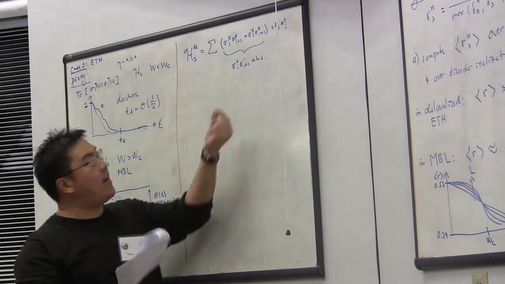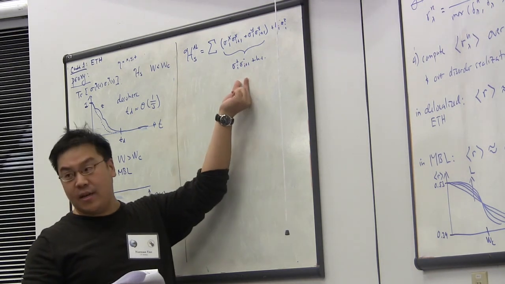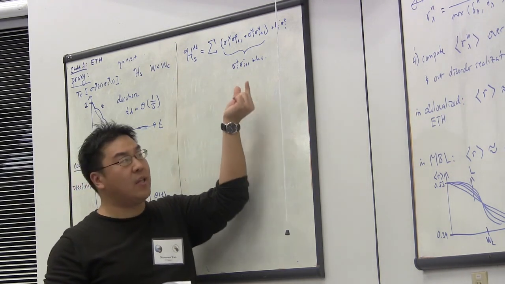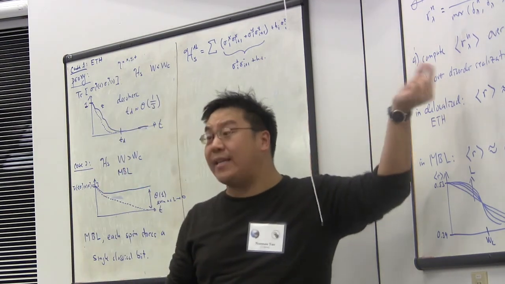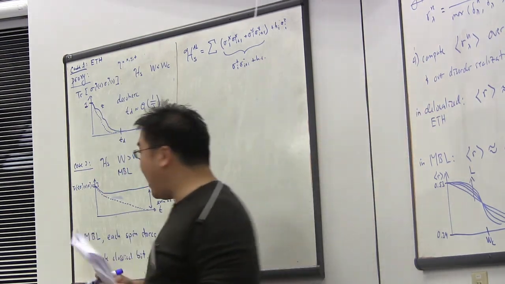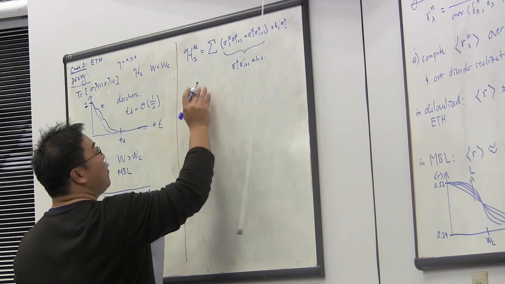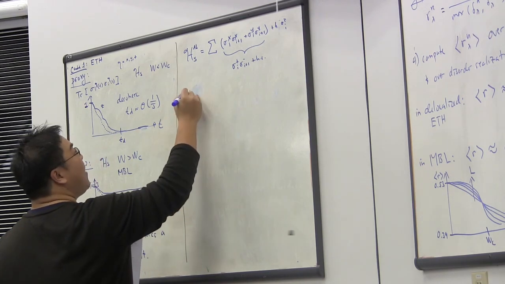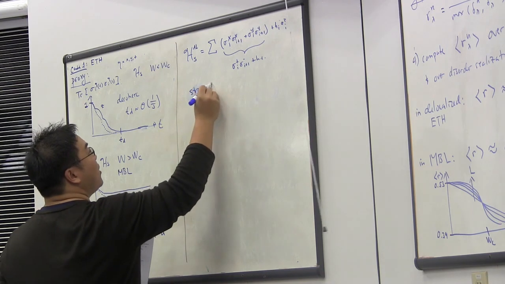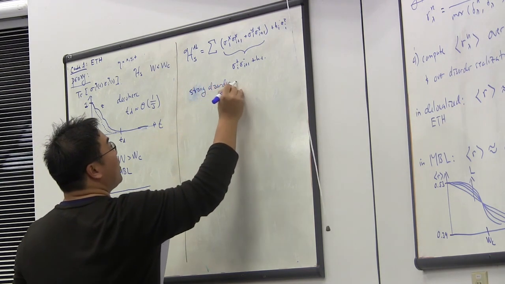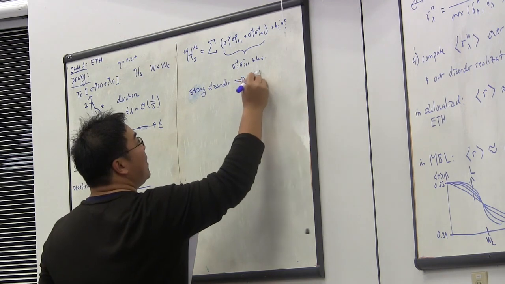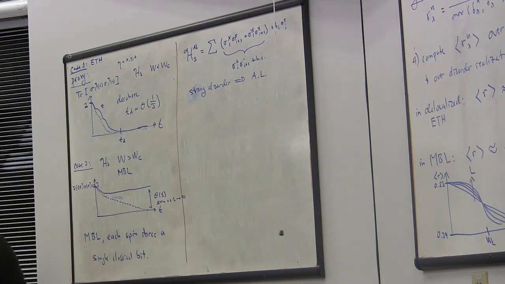In this limit, if one makes the transformation to fermions, one gets back to the non-interacting limit that I was talking about. In the strong disorder case, this is in the Anderson localized phase.